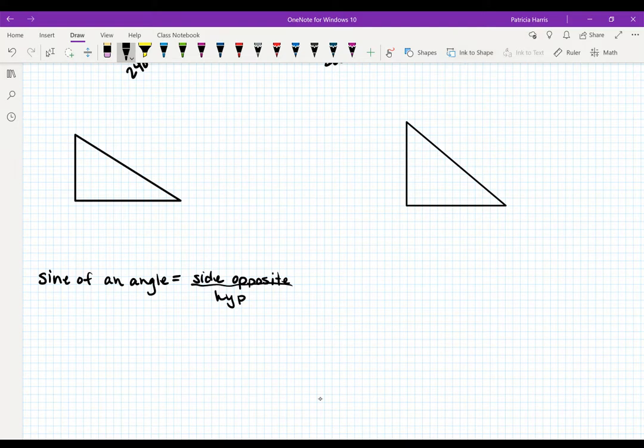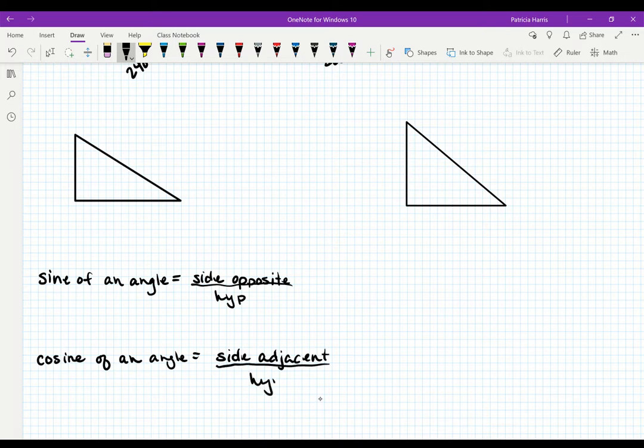The next one is cosine of an angle. And that's the length of the side of what we call adjacent, divided by the length of what we call the hypotenuse. And we'll review what those are in a minute.